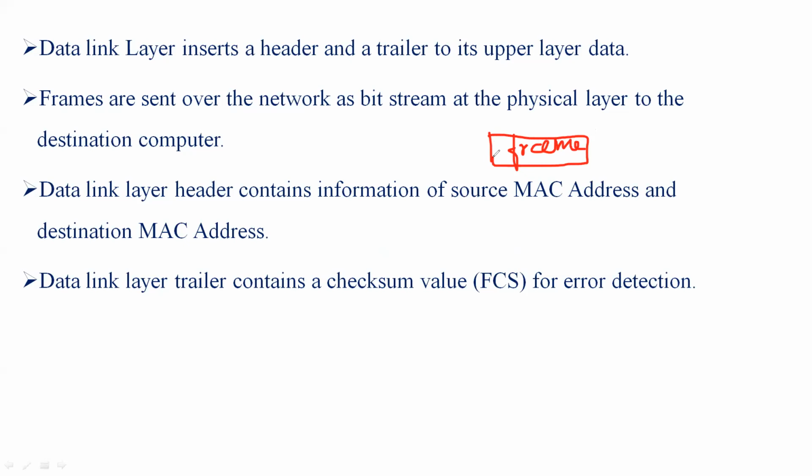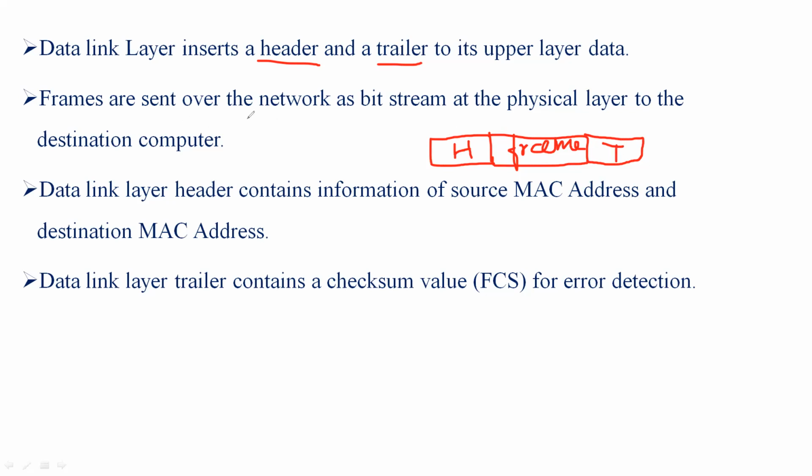By using a datagram, we eventually create a frame. So the data link layer inserts a header as well as a trailer to form a frame of the data link layer.